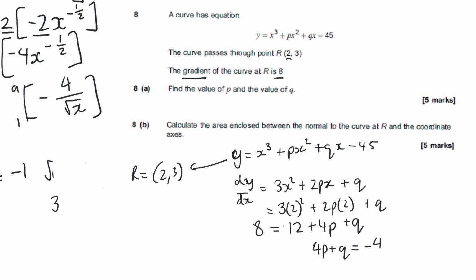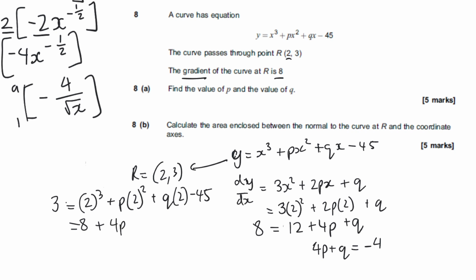So then 3 is equal to 2 cubed plus p times 2 squared plus q times 2 minus 45. That would end up giving us 8 plus 4p plus 2q minus 45, and then that's equal to 3.